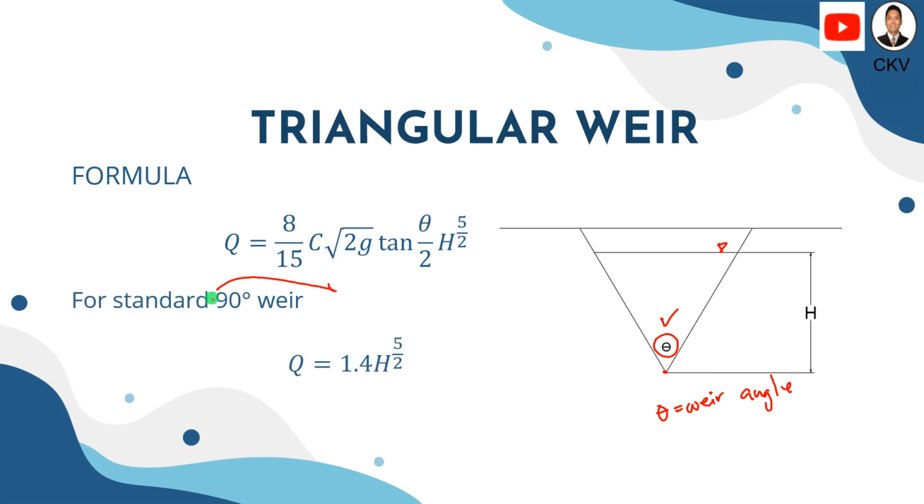For a standard 90 degree weir, we have the formula Q equals 1.4 H raised to 5/2, or you just substitute 90 degrees here.